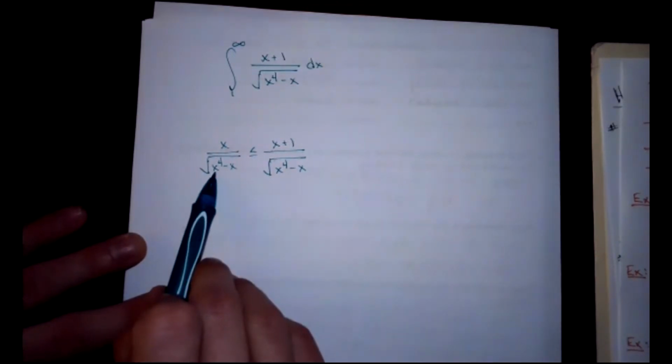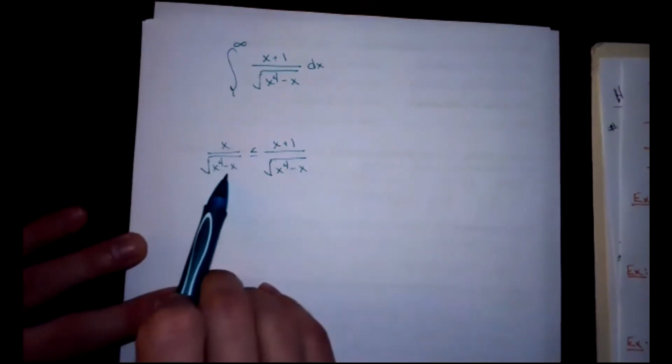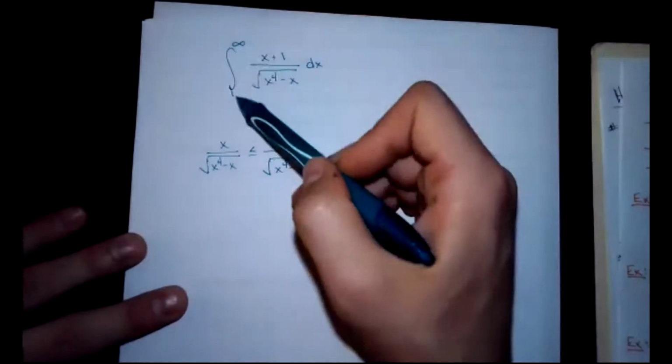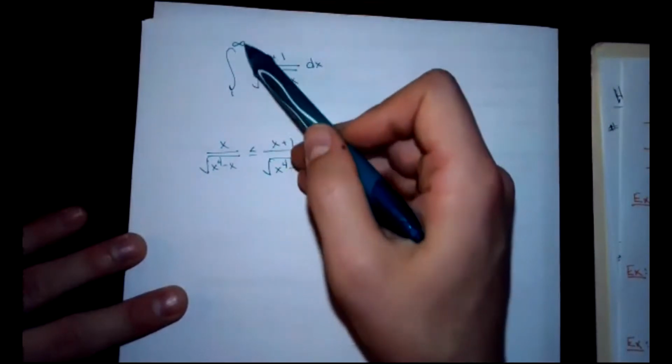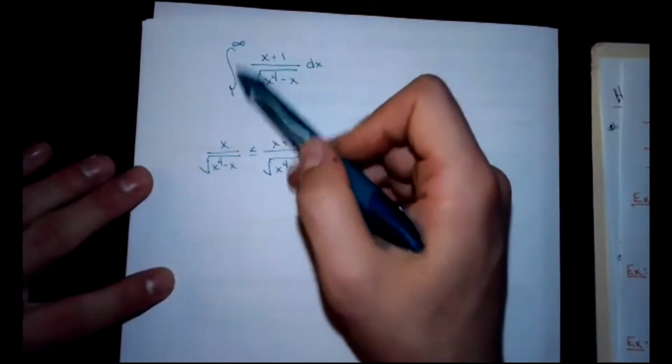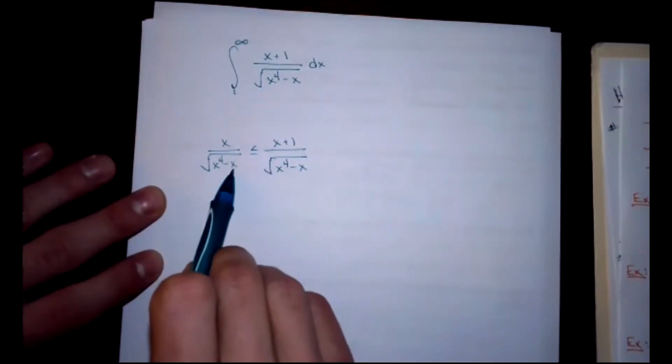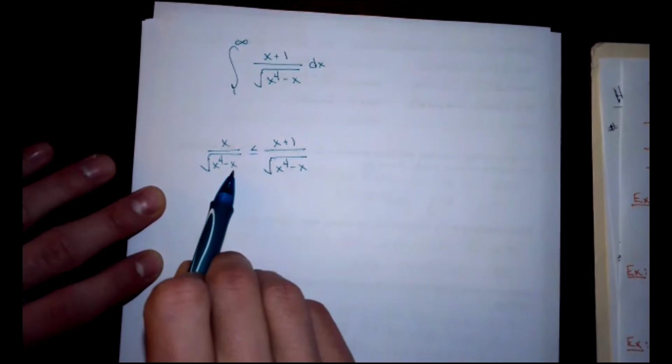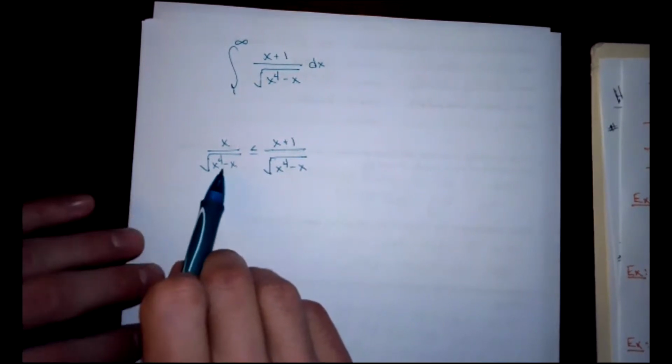We've got an x to the 4th minus x, all under a square root. How is the minus x affecting the denominator? My x values go from 1 to infinity, so the x values themselves that I'm going to plug in there are positive. And I'm going to be subtracting off positive numbers, which means this minus x is making the denominator smaller, right?